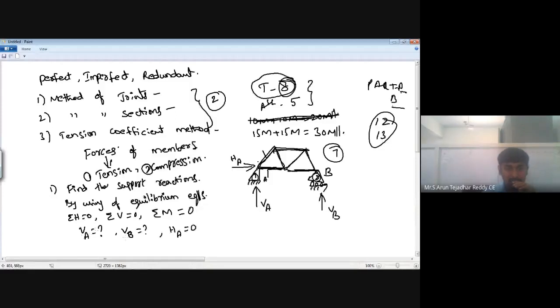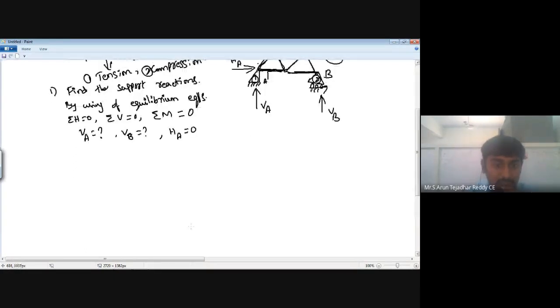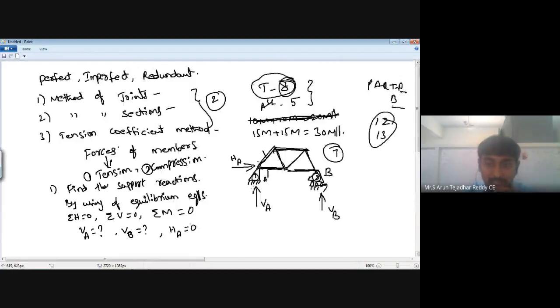Okay, completed. After completion of the support reactions, next we need to find the member forces. Just now we discussed that in this truss we have totally 7 members.